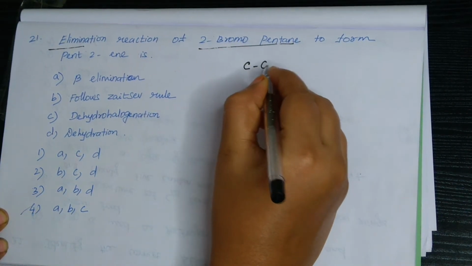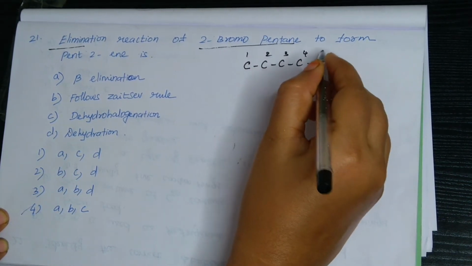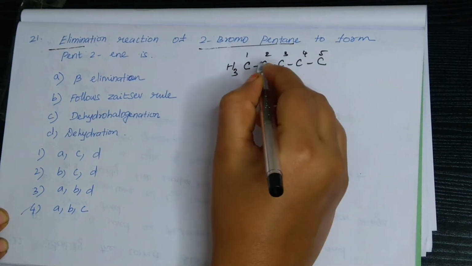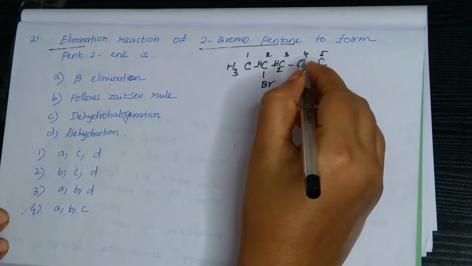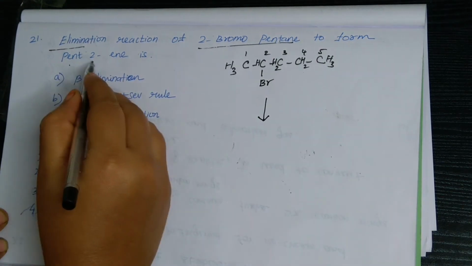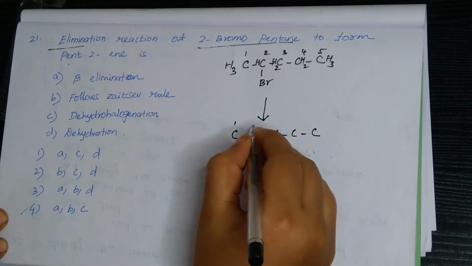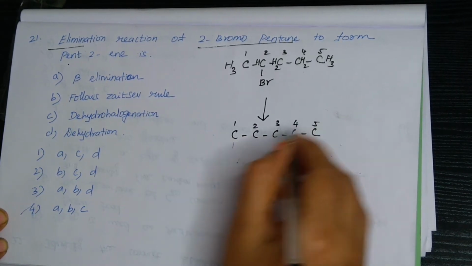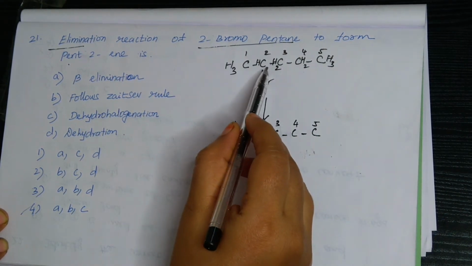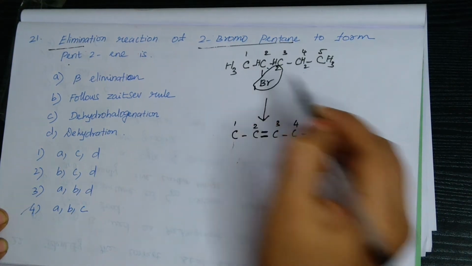Pentane has 5 carbons: 1, 2, 3, 4, 5. In the second position you have bromine, Br, and we fill the rest with hydrogen. What is the product given? Pent-2-ene. Again 5 carbons, 1, 2, 3, 4, 5, and in the second position a double bond is formed. So what is eliminated? HBr is eliminated.